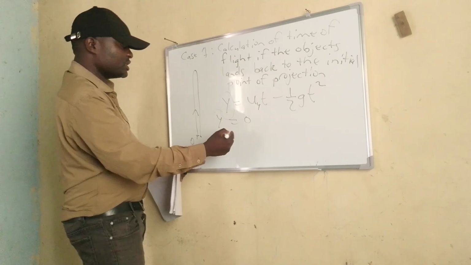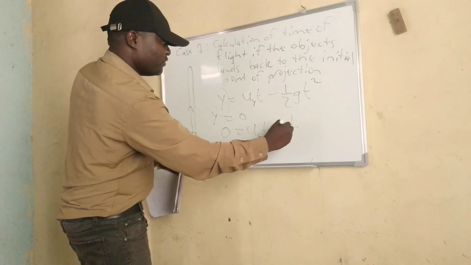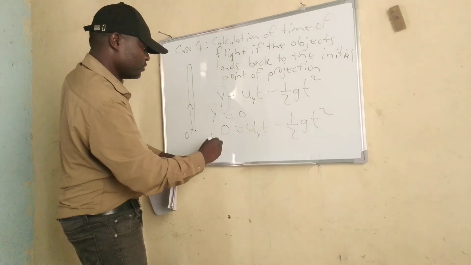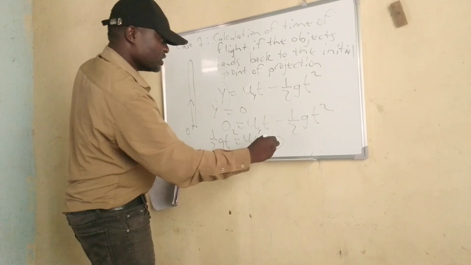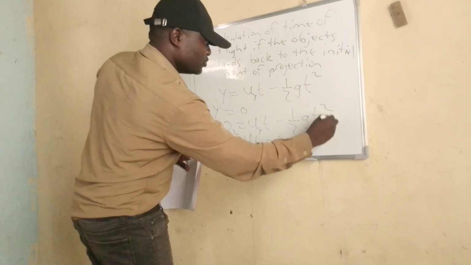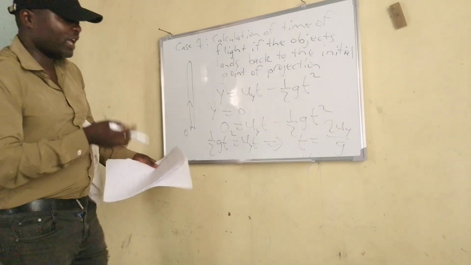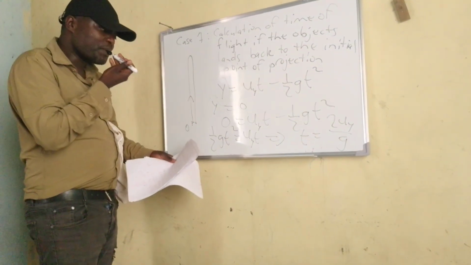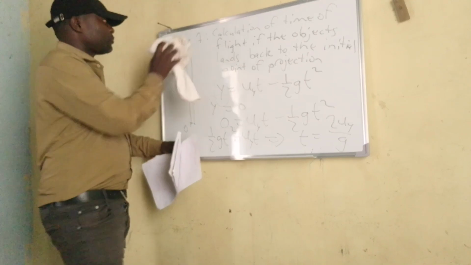So our equation will be 0 equals ui t minus half g t squared, which brings us to t is equal to 2 ui over g. So the time of flight will be 2 times the initial vertical velocity over g when the object lands back at the original point of projection.